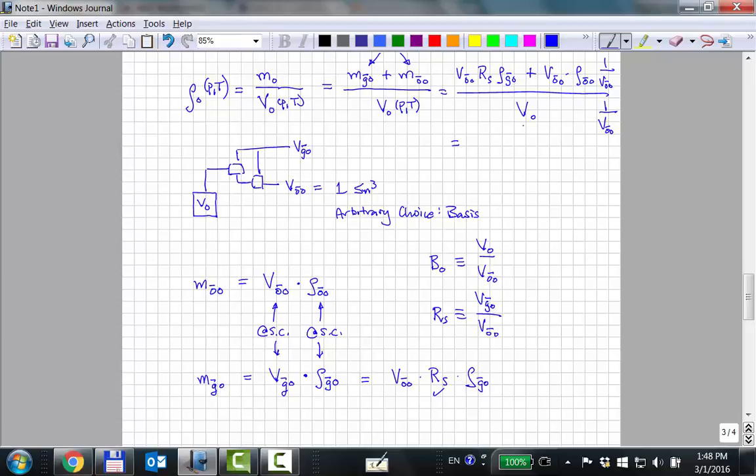Then we get RS plus, that cancels here. But this term here is nothing more than BO.